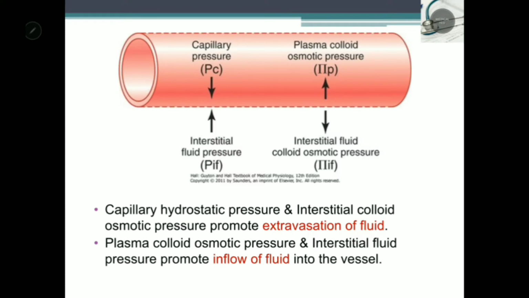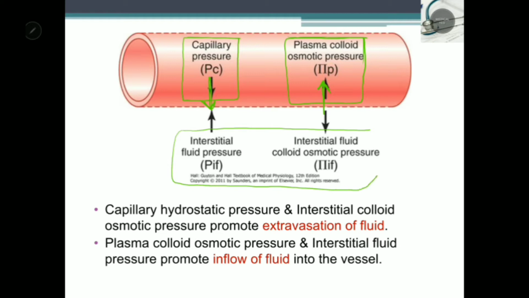Now, you'll be able to understand this better with the help of this diagram from Guyton. This right here is the capillary hydrostatic pressure which tends to push the fluid out of the vessel. This one is the plasma colloid osmotic pressure which tends to pull the fluid from outside into the vessel. There are some other pressures as well which play a minor role.